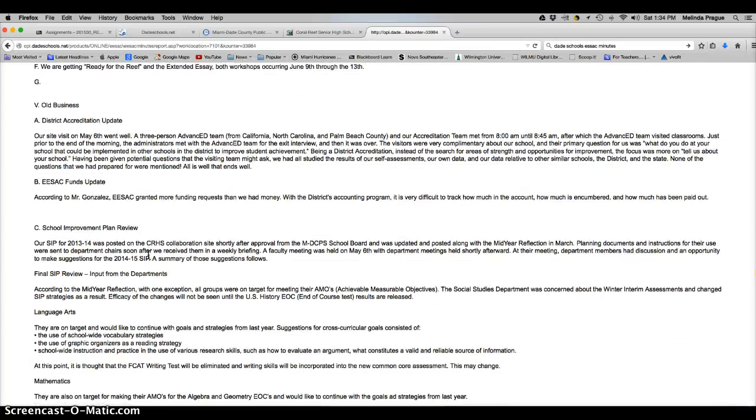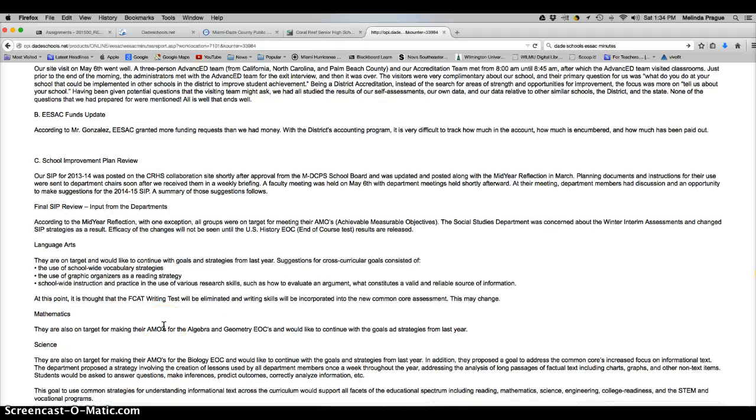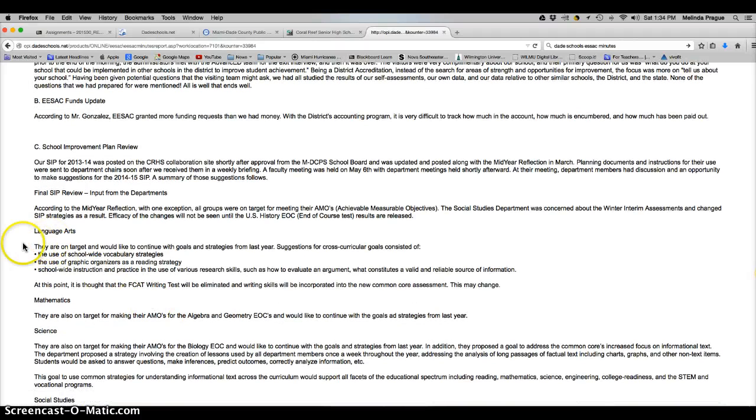They talk about their school improvement plan, and then they get down to some important things. Language arts. They would like to continue with the goals and strategies from last year. And the suggestions include having school-wide vocabulary strategies, the use of graphic organizers as a reading strategy, and school-wide instruction and practice in the various use of research skills.